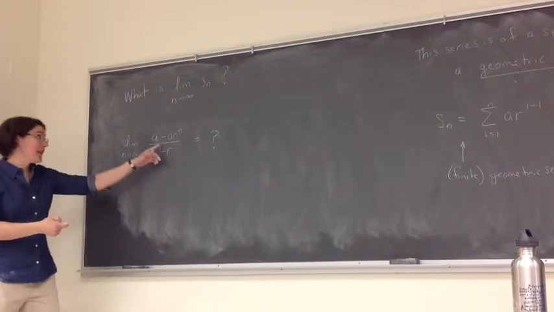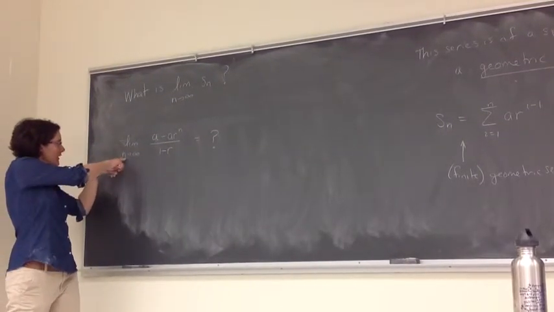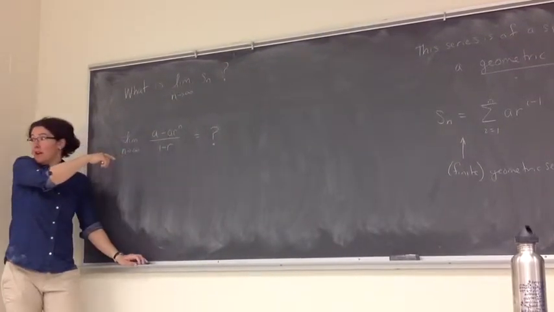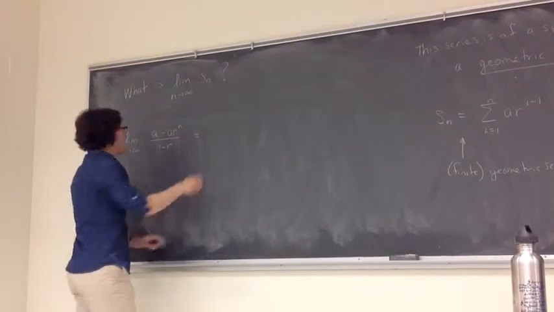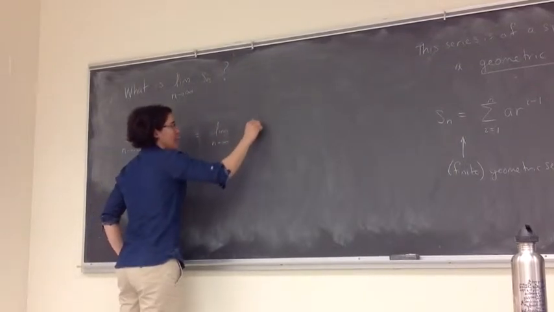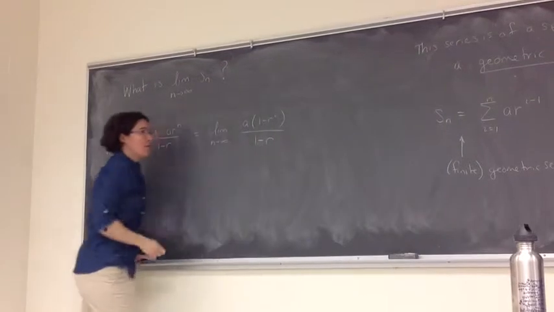Right, now, one thing I can do here is, if I look at this, we're looking at the limit as n goes to infinity, and so there's some terms in here that don't involve an n, and I can factor them out into the front. So, for example, I can rewrite the top of this as a times 1 minus r to the n over 1 minus r.